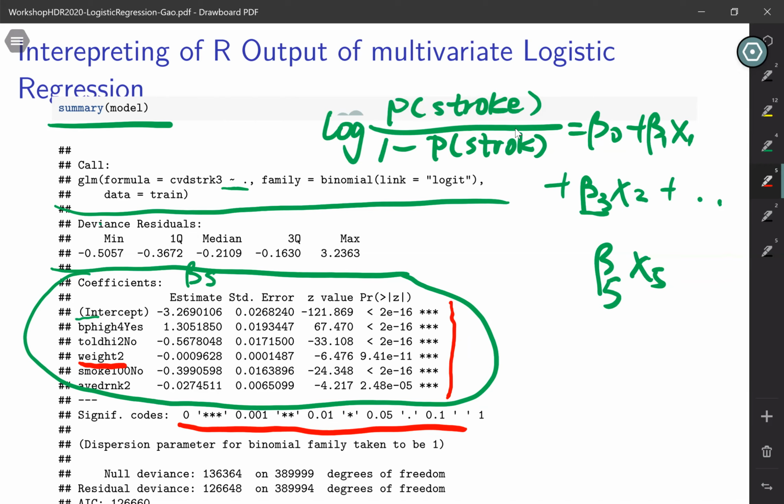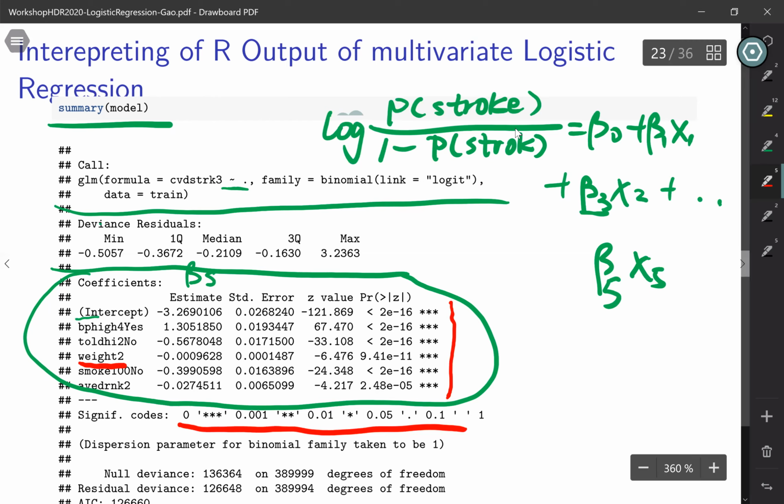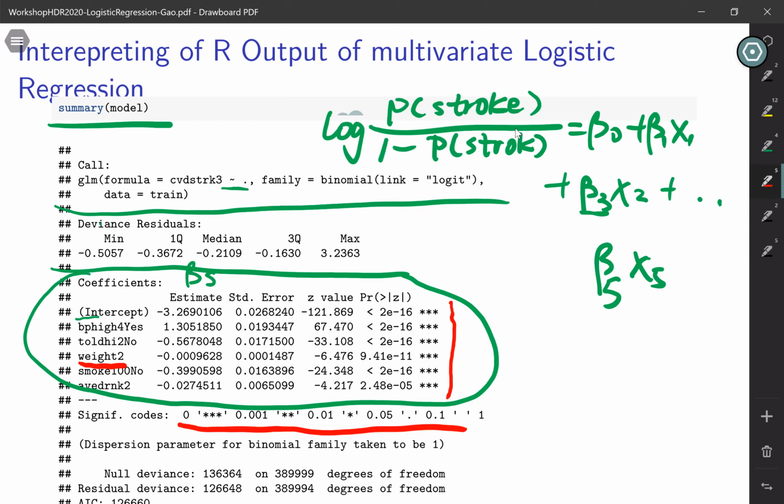That's what I want to do next. Remember those betas are just the original coefficients that predict the left side, which is the log odds. So it's not easy to interpret those betas in log odds.